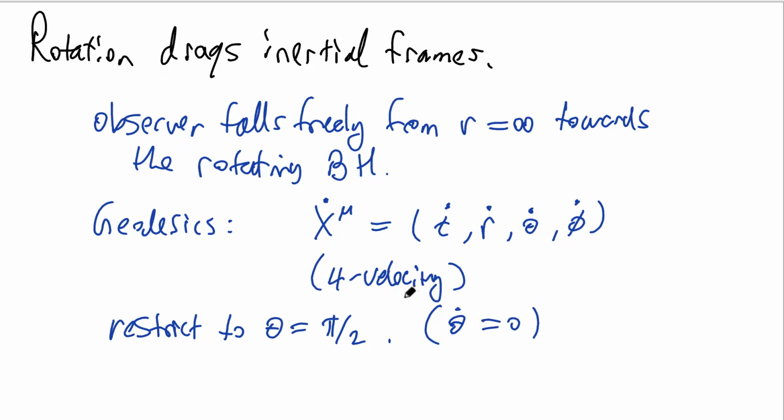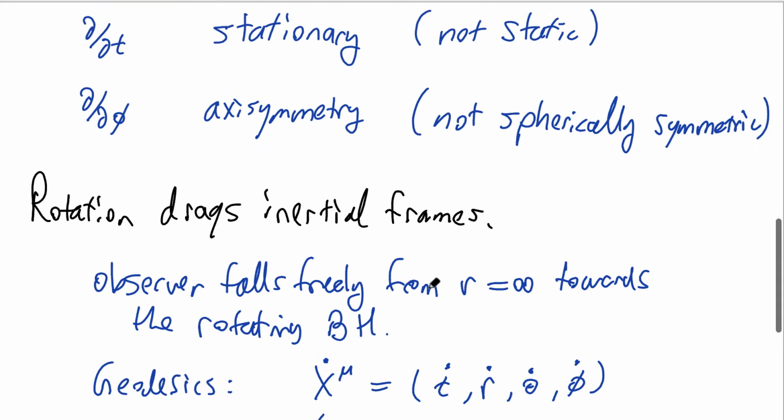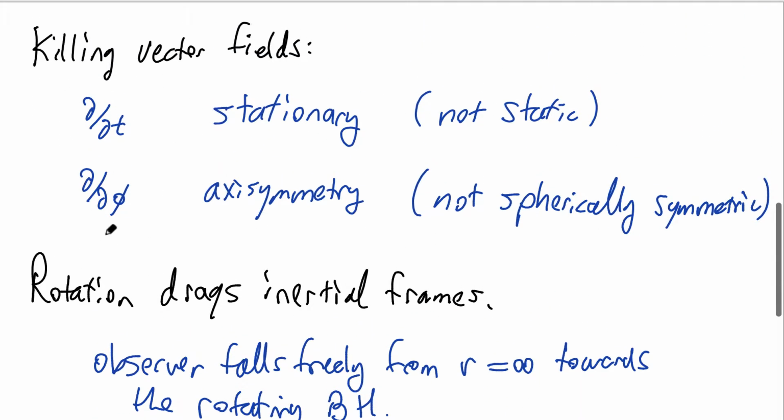And now, because we have two Killing vector fields, namely d/dt and d/dphi, we have two constants of the motion.